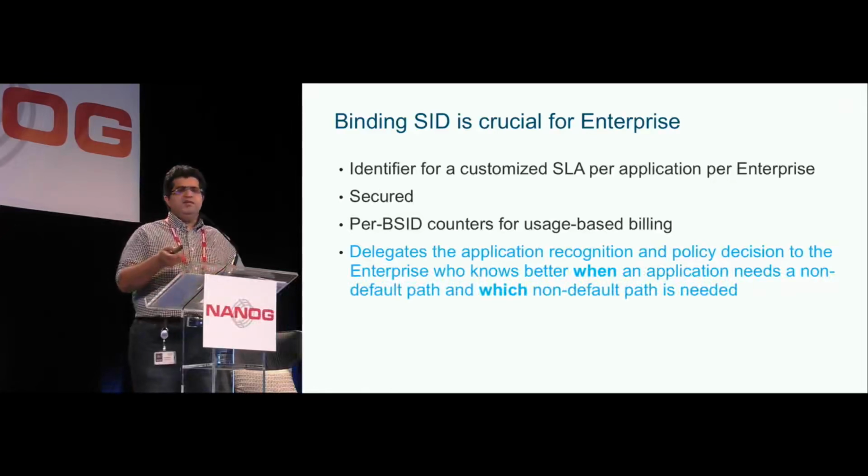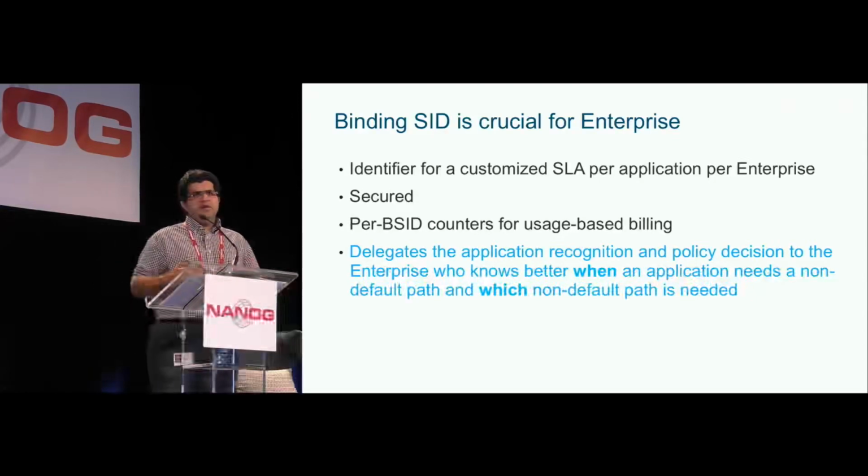We also have the delegation of the application recognition and the policy decisions. We leave it to the enterprise. We do not want to create that paradigm. And who knows it better than the enterprise when an application needs a non-default path, and which non-default path is needed based on the application needs. It can just attach those right labels and send it forward.